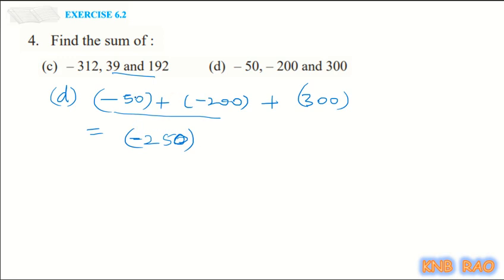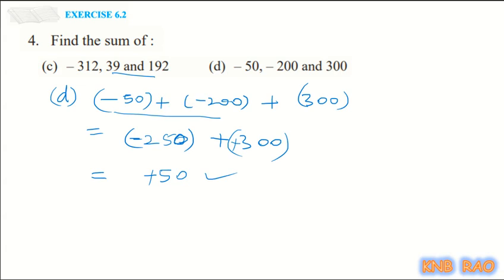So, the sum of this minus 50 and minus 200 is minus 250, and then plus 300. Now, 300 is more than 250 by 50 steps, and the nature of that 300 is plus sign. So, you will get plus sign being the sum of these three numbers. So, plus 50 is the right answer.